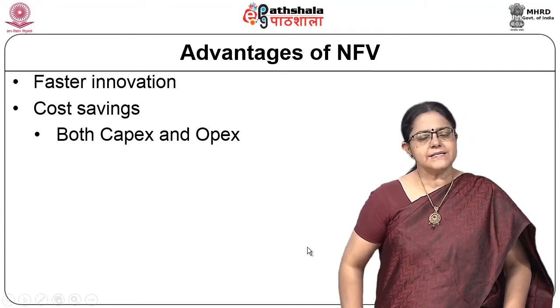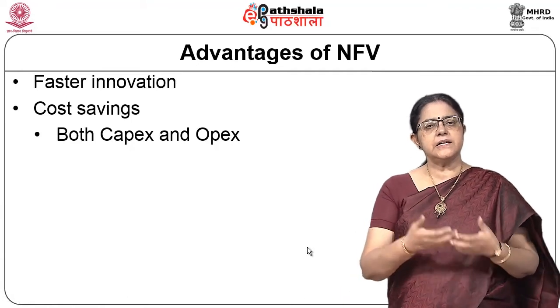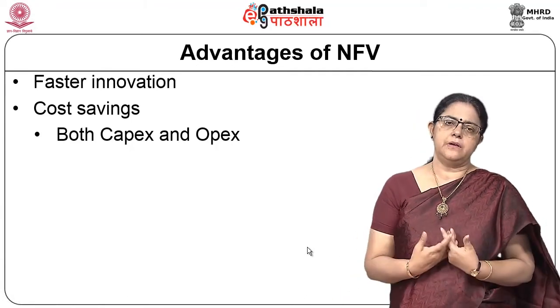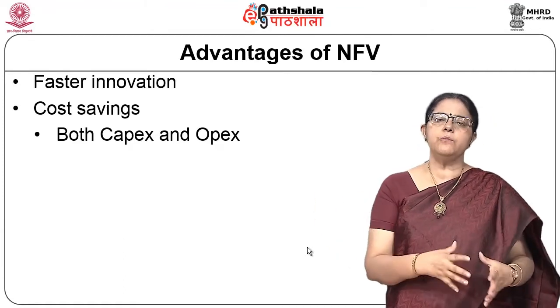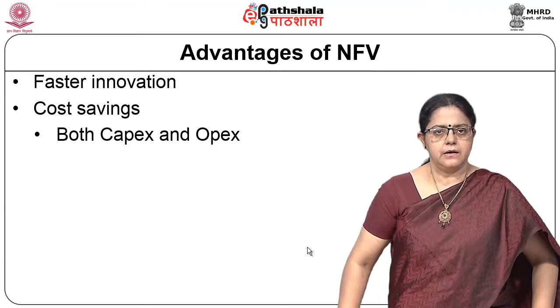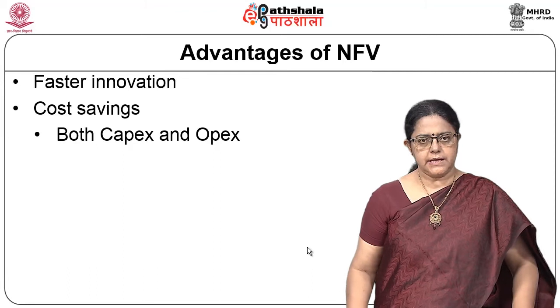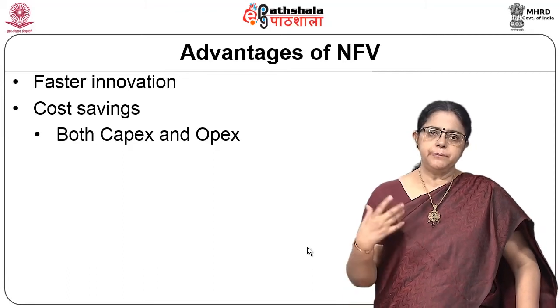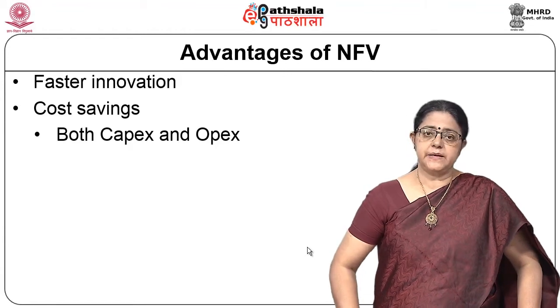So, cost savings. How is the cost saved? Because the functionalities are decoupled from the physical network. So, with the same physical network a lot more functionalities can be implemented, and better manipulation can be done, thereby improving the cost, both the capital expenditure.